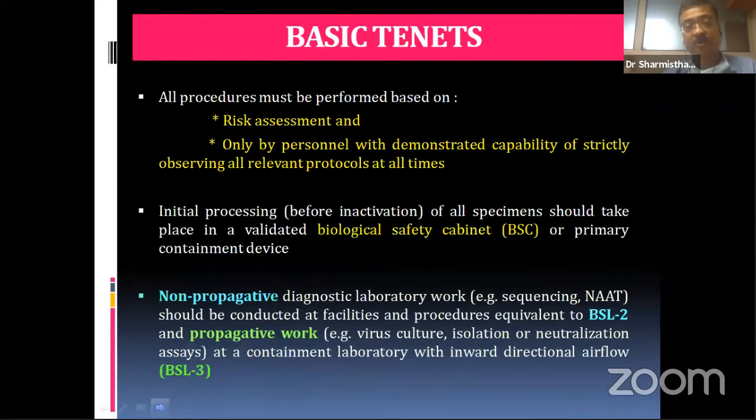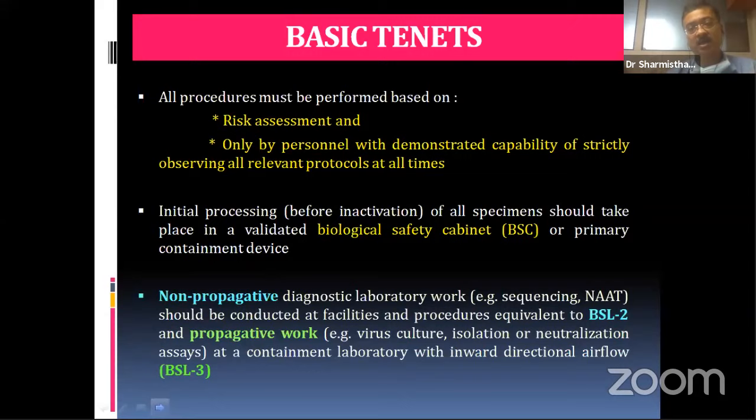So the basic tenet is that all procedures must be performed based on risk assessment and on the capability of the personnel, that is, who is actually performing the function. Therefore, the initial processing of all specimens should be in a biological safety cabinet or primary containment device.